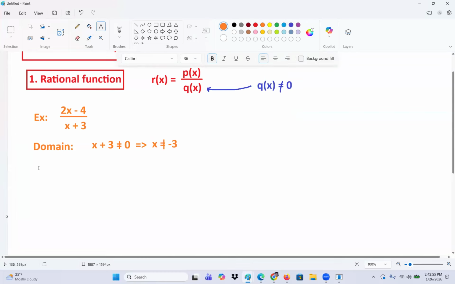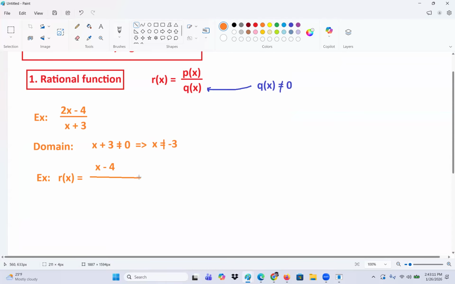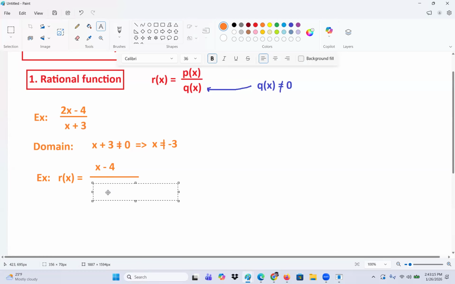Okay. Another example: f of x equal to x minus 4 over x squared plus 8x plus 15, for example.